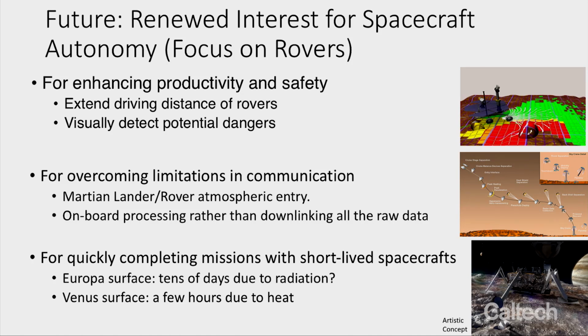There are other missions where you have to quickly complete the mission because they are very short-lived. For example, we have the mission for Europa, which is expected to function for no more than 10 days due to radiation, and the Venus surface mission, which is expected to function for only a few hours due to extreme heat.